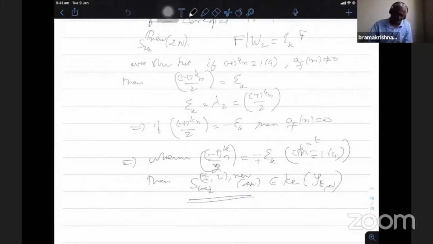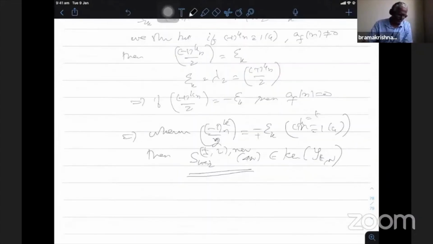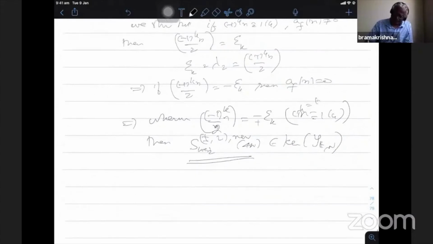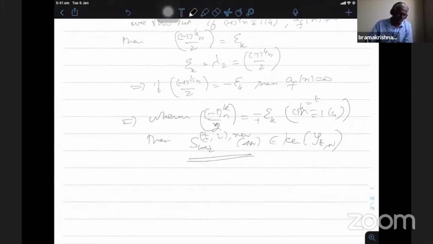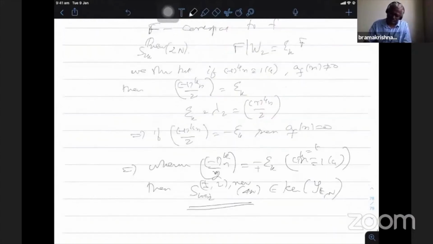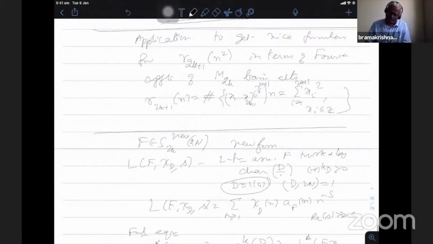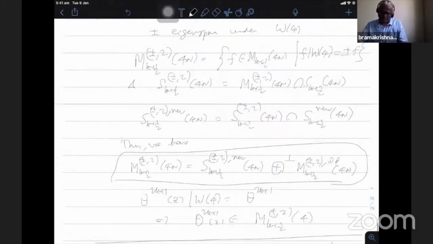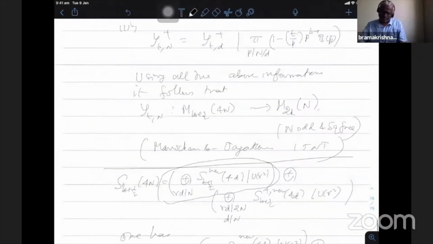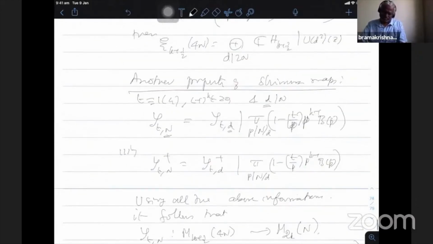Okay. We also get this. So this is for the full n space, and using the property of the Shimura map, I can extend this for new forms in the lower level also. That's what I have to show. So this property I mentioned. Where did I write? Yeah, this property I mentioned.